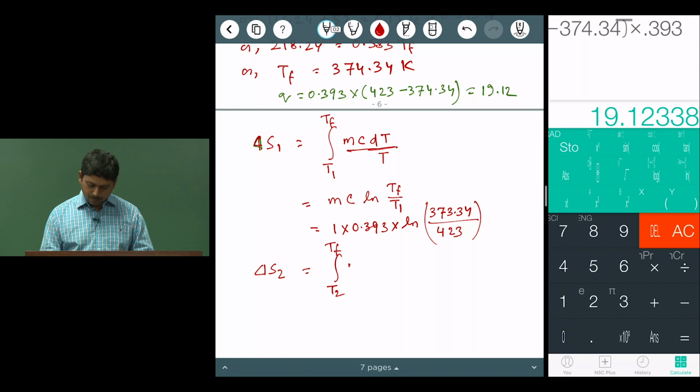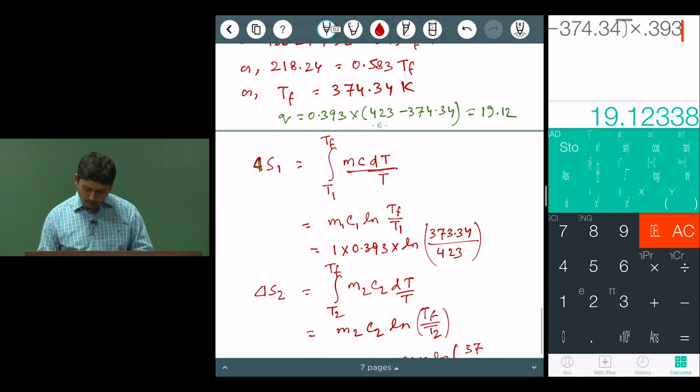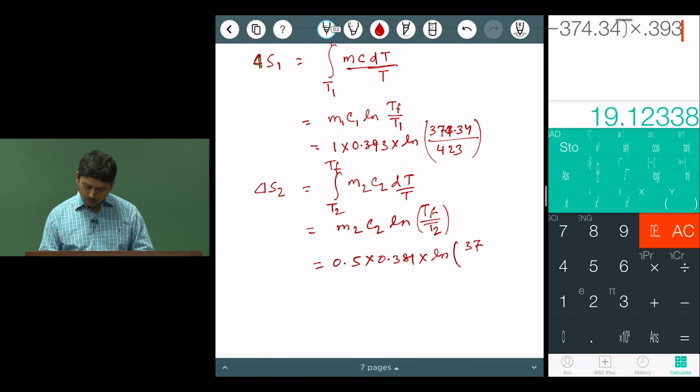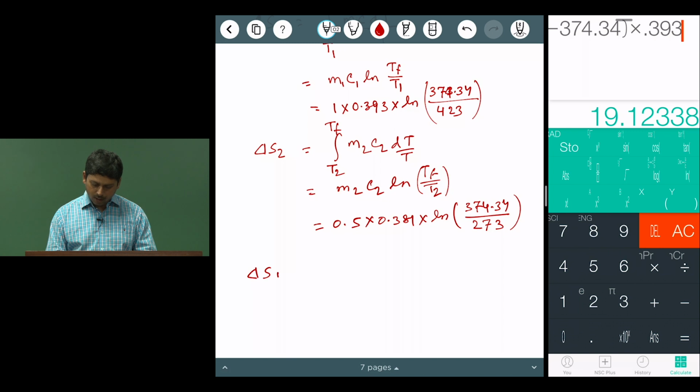So, let us say this is m1 C1, this is m2 C2 dT by T, giving us m2 C2 ln Tf by T2, and we know the values 0.5, 0.381 multiplied by ln of Tf. Tf is again 374.34, and initial temperature is 0 degree, so 273. Now, let us calculate S1 and S2 separately using calculator.